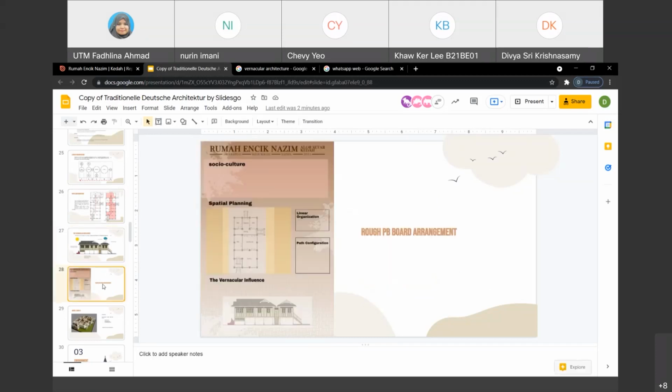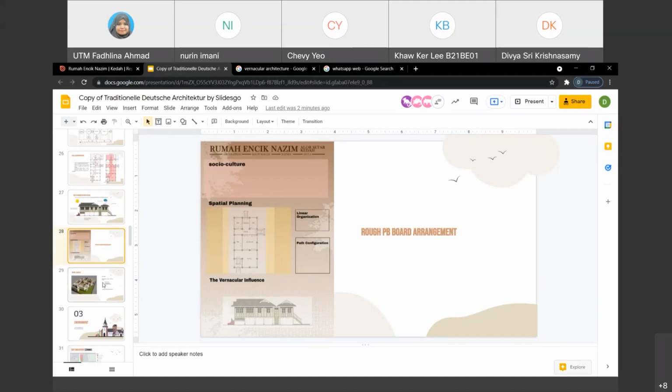So this is the rough PB board arrangement. First it's the social culture on top, and then the spatial planning, the plan in the middle, and then the explanation at the side of the spaces, and then the linear organization, and the path configuration, and also the explanation of vernacular influence on Rumah Encik Nazim's house.